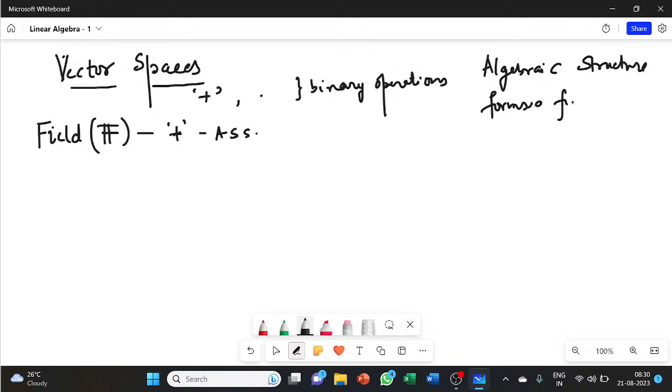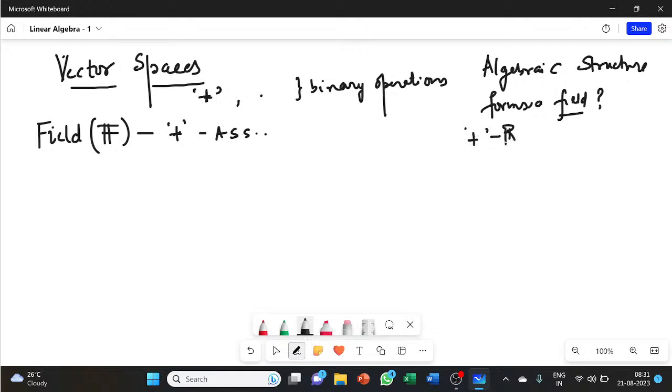What do I mean then? The first thing I should mean is that if I'm defining an addition, then addition should be associative. And please don't confuse yourself with the addition that you see in R.